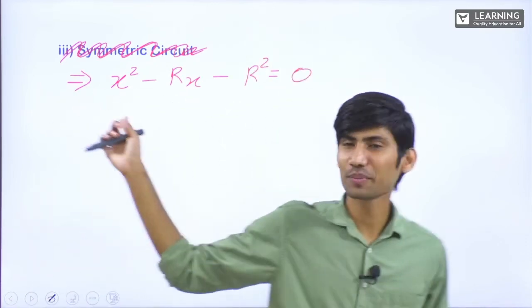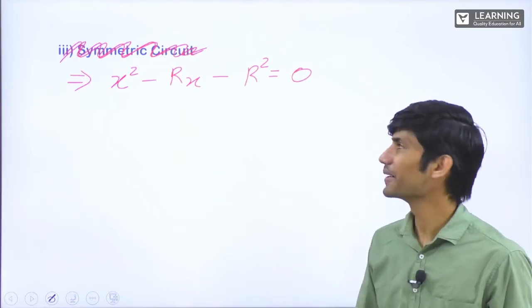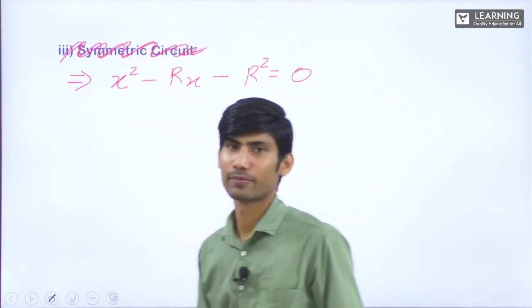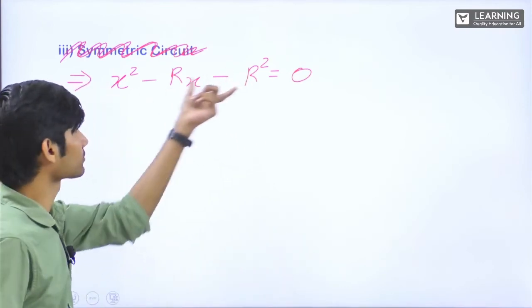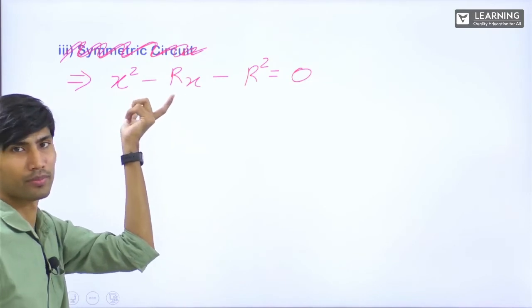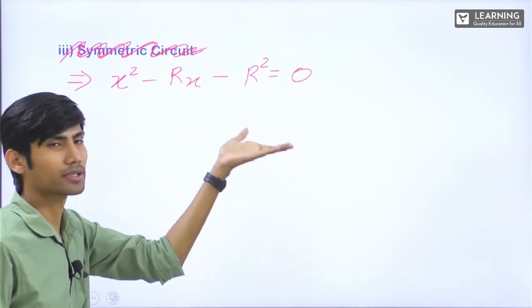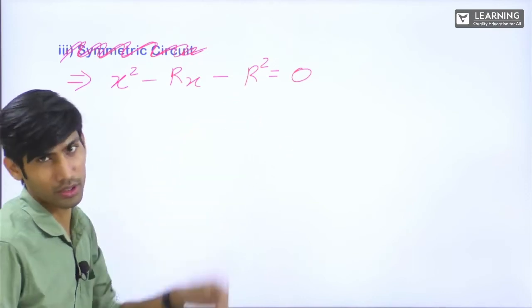Can you see something? It's a quadratic equation, right? That's why I had written x. You could write R equivalent also, but for some students it will be difficult to recognize that it's a quadratic equation, right? It will be R equivalent square minus R into R equivalent minus R square. A lot will recognize though, right?